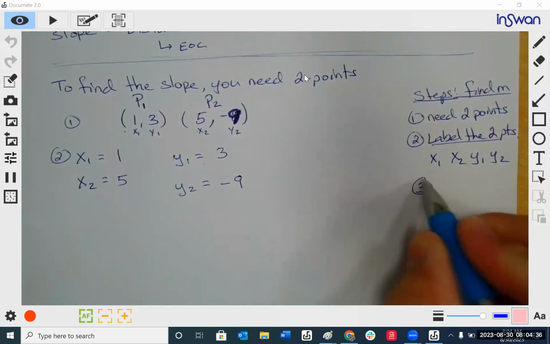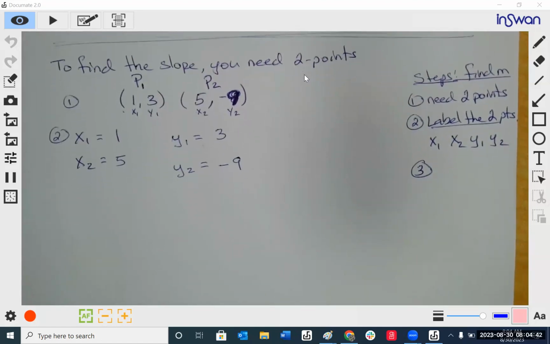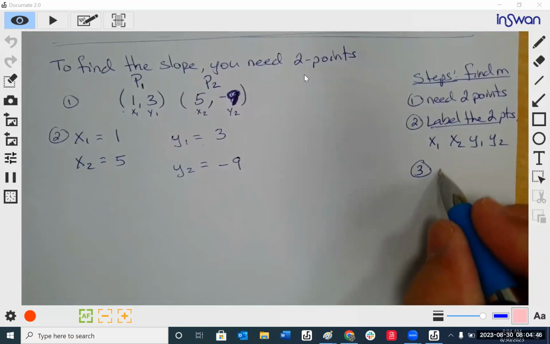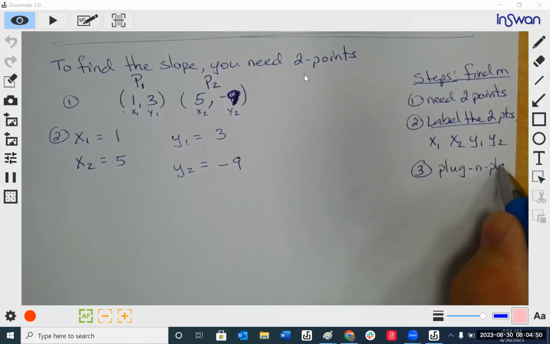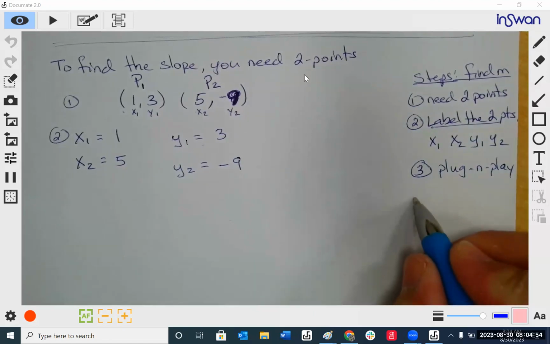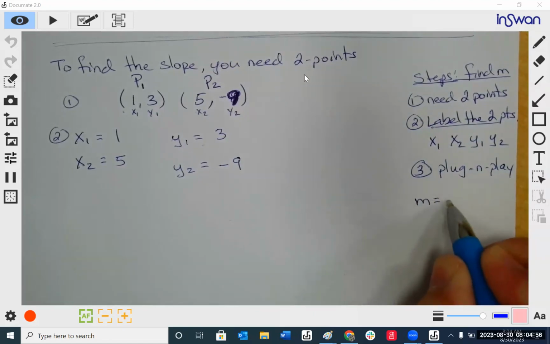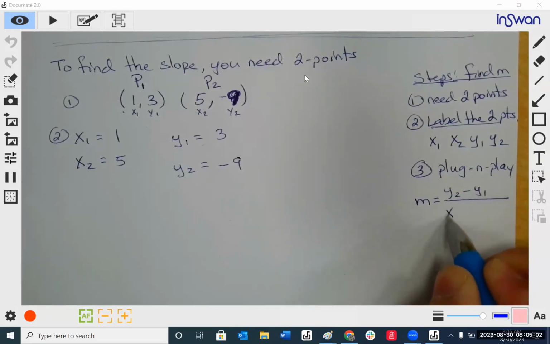Step 3. What's step 3? Okay. Plug and play. Plug them into the formula. Since we're looking for the slope, it's y2 minus y1 over x2 minus x1.